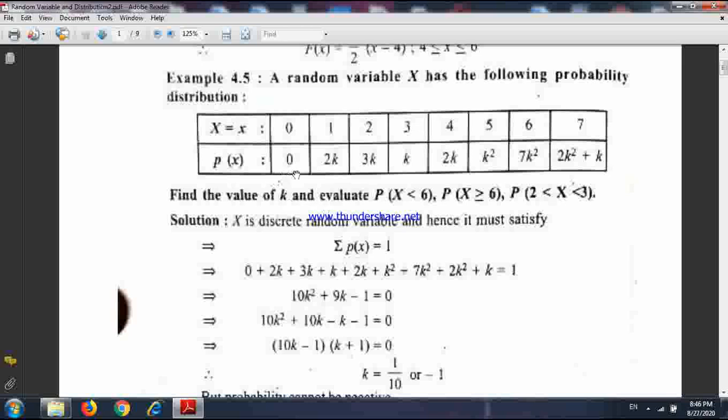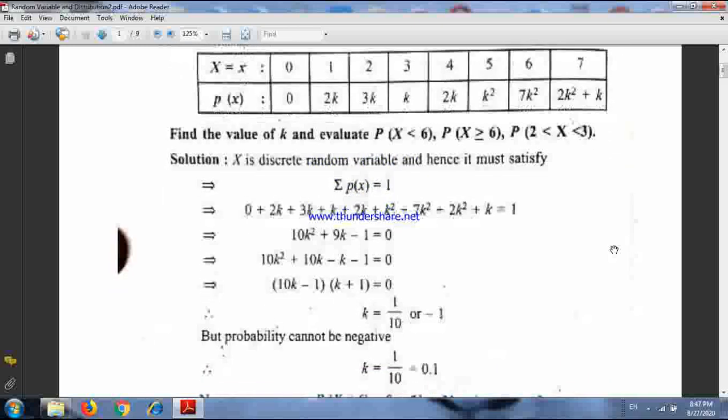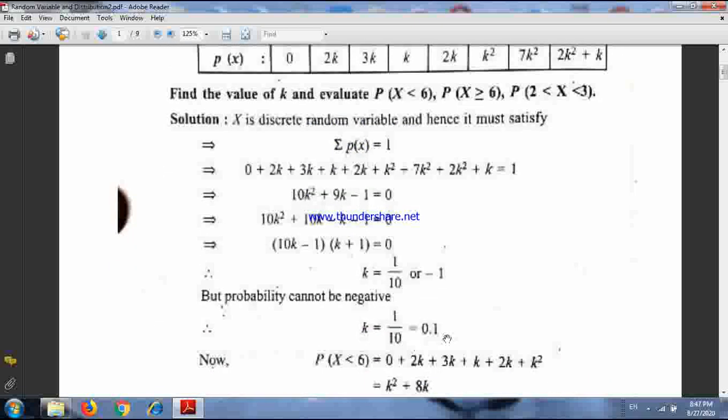So we sum up all these: 0 plus 2k plus 3k up to 2k square plus k equals 1, and solving it we get the value k equals 1 upon 10 or minus 1. But k represents probabilities, which cannot be negative, so we discard this negative value and conclude that the value of k is 1 upon 10, or simply 0.1.